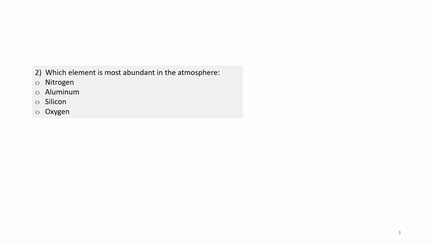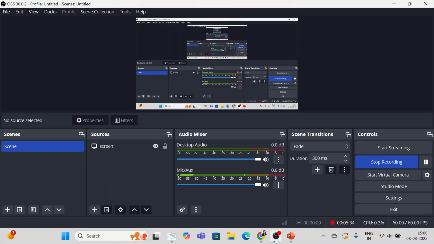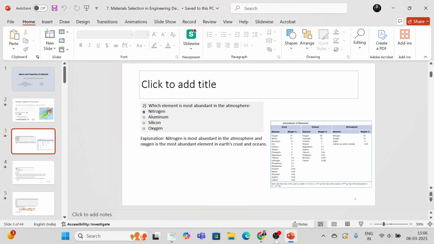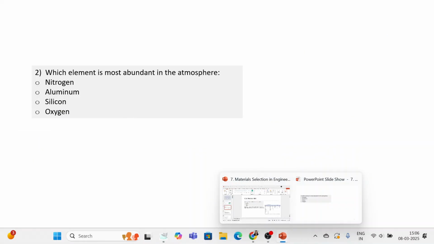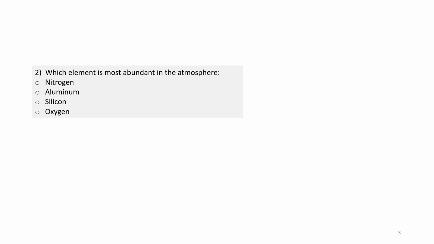The next question is: which element is most abundant in the atmosphere?